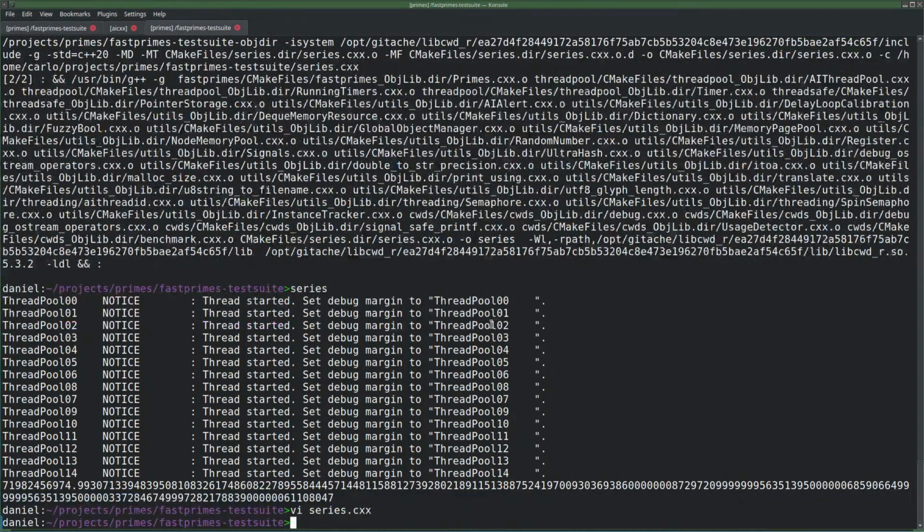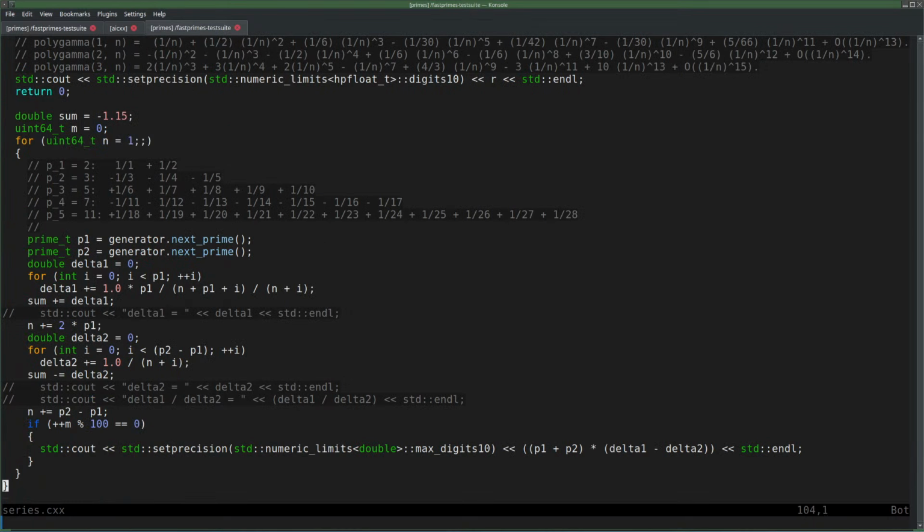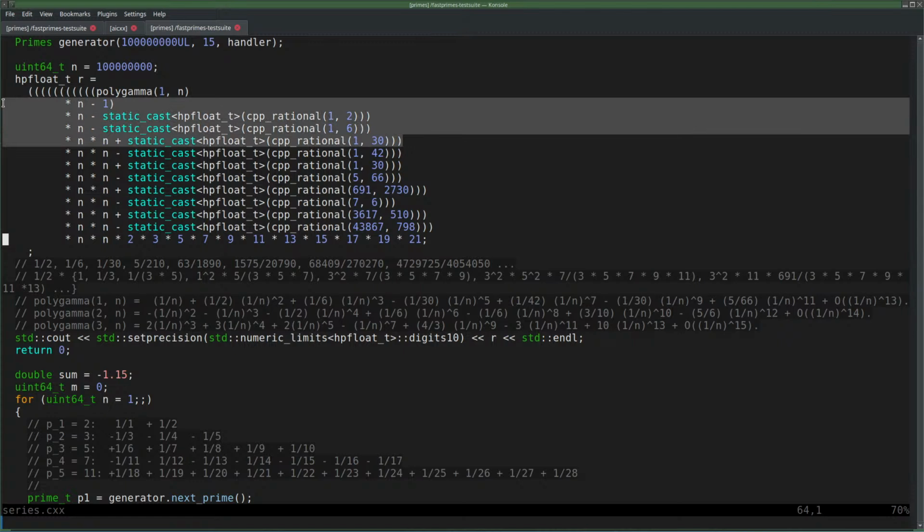I would say, I think that considering that Wolfram stops here, this is what Wolfram gives. We extended it quite a lot.